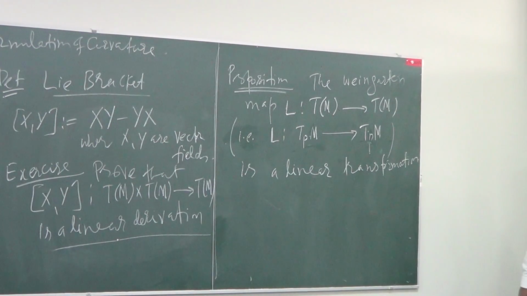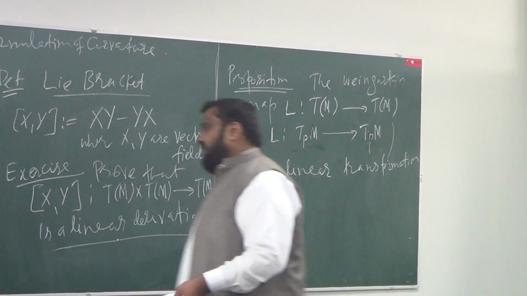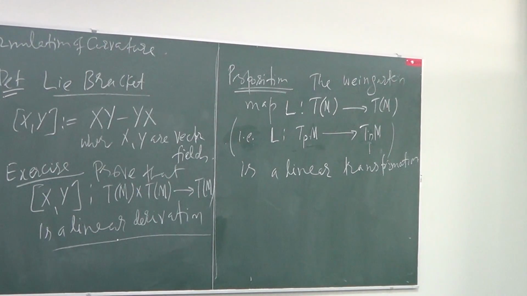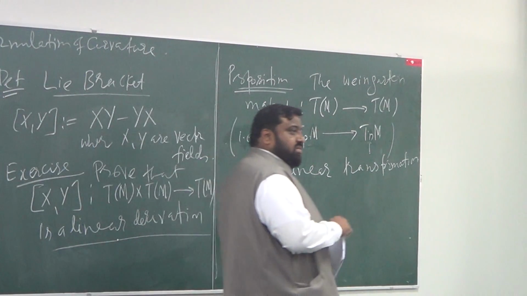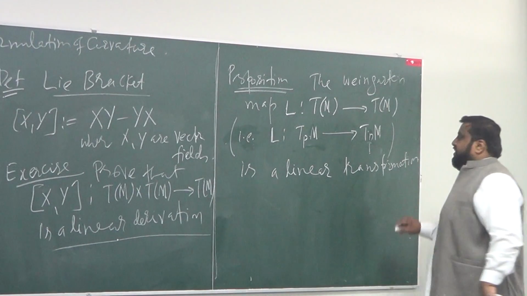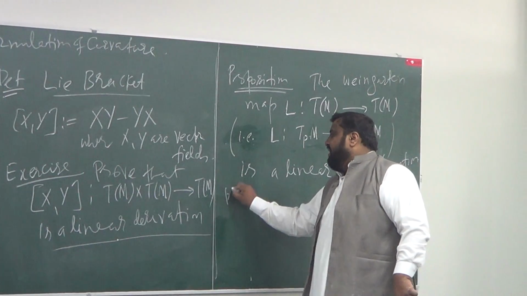So that point won't be P. I'm sorry? This is the tangent space at P, right? Oh, okay. So this would obviously be the tangent space at N of P, but this is isomorphic to TP. So therefore I'm saying that you can safely replace it with TPM. Anyway, so it's a linear transformation.